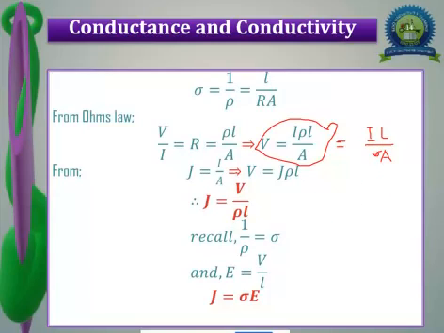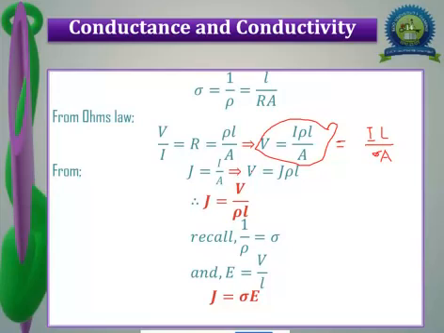Good. And so, the current density is given as current divided by area. The current density in a conductor is given as current over area.